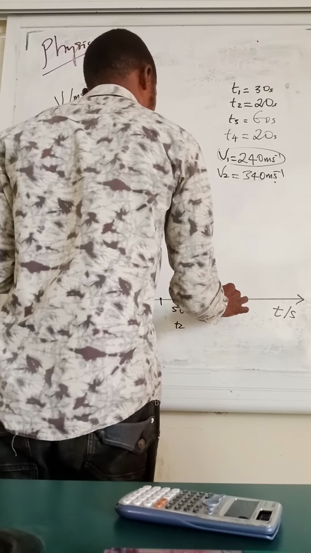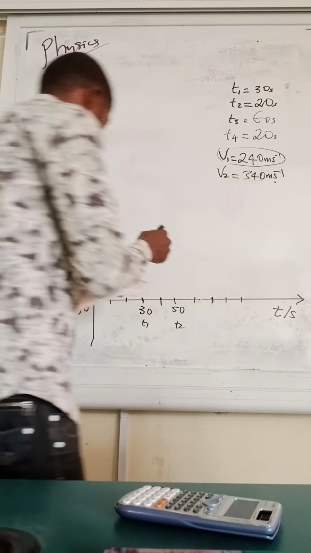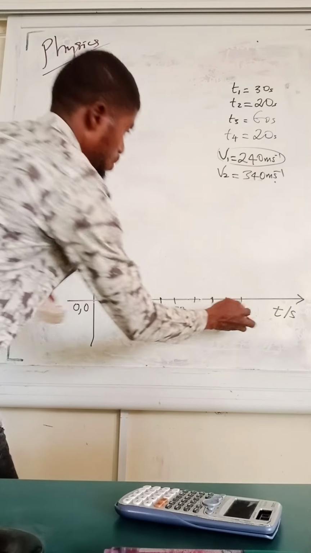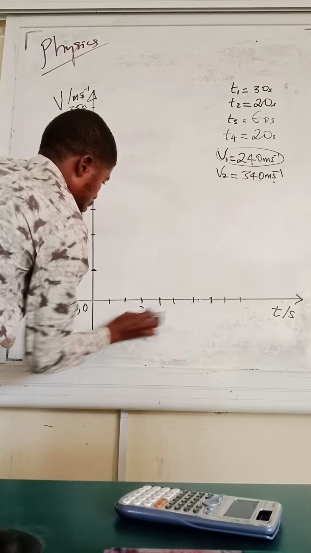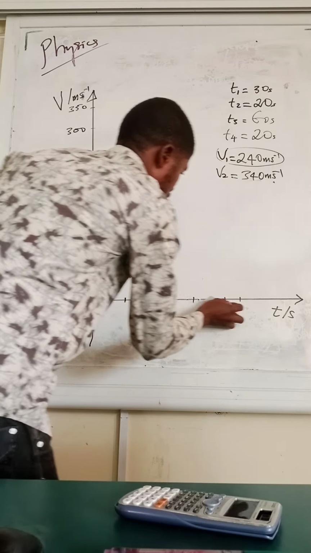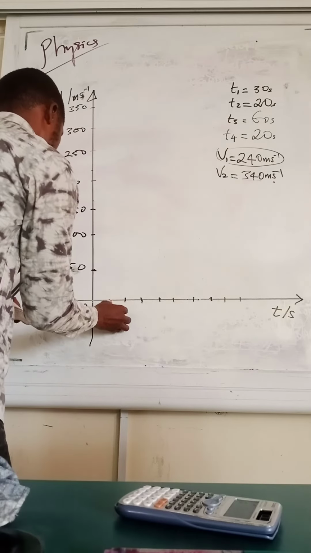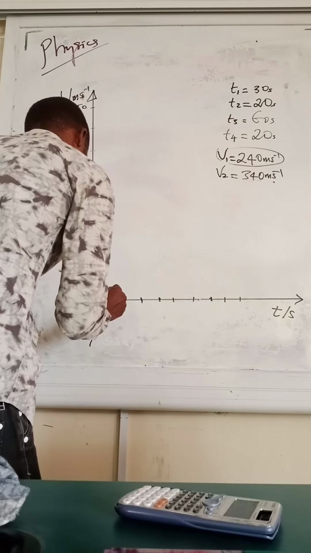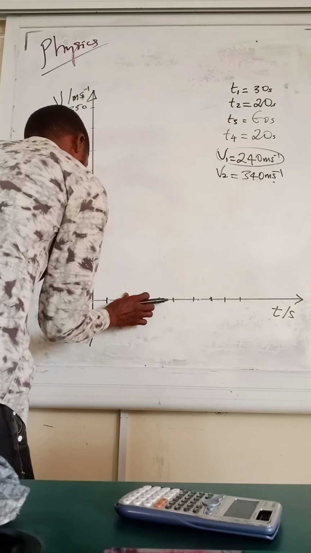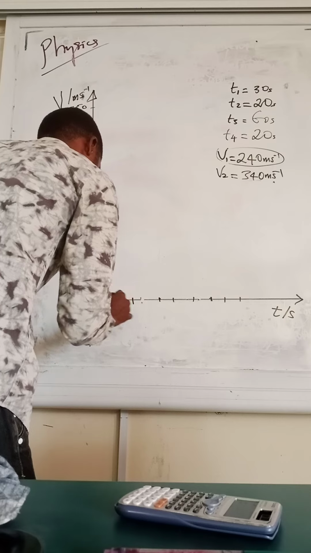I wish to reduce this so that we can have more space on the graph. Sorry about that. This is 10, 20, 30.